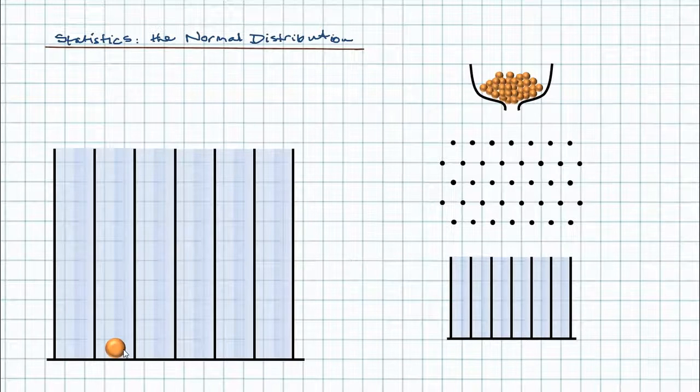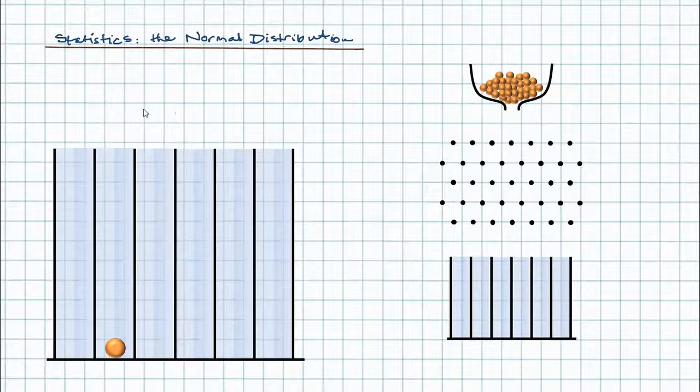Why is that? Well, it's because if we think of the ball going left, left, left, left, and then right, we might also think, well, it could go right straight away. So it goes right and then left, left, left, left. Or it might go left, left, right, left, left.